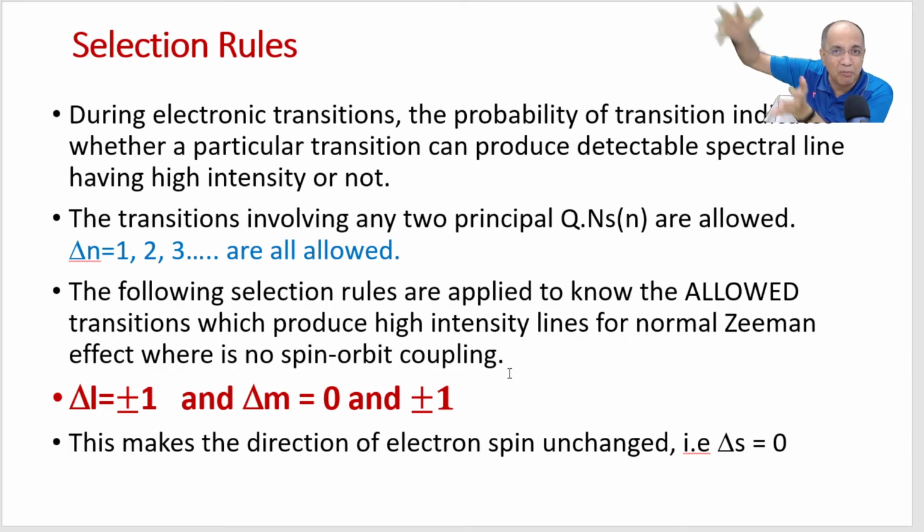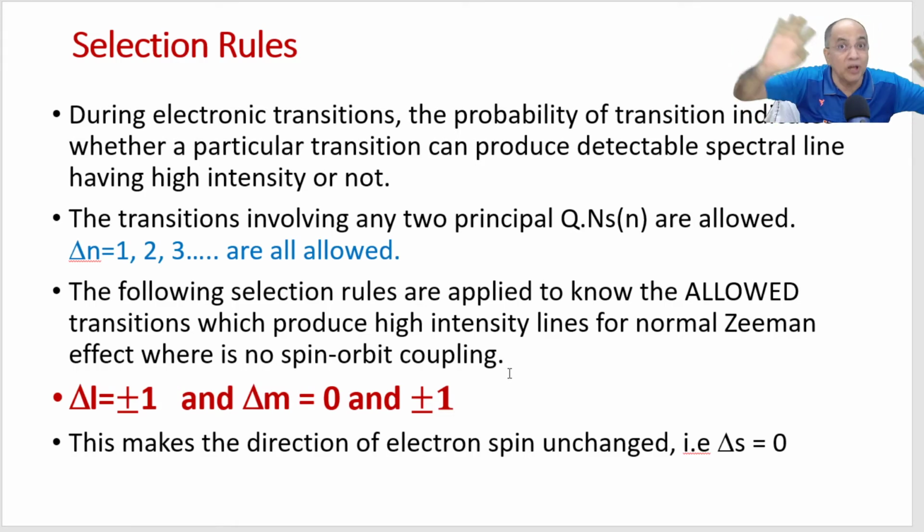We blend them together to have another quantum number called the J quantum number, right? L plus S is equal to J. We'll talk about that later. And we have a separate selection rule for J quantum number when there is a spin orbit coupling. But here, no detectable coupling, as the resolving power is very, very low. Understood?